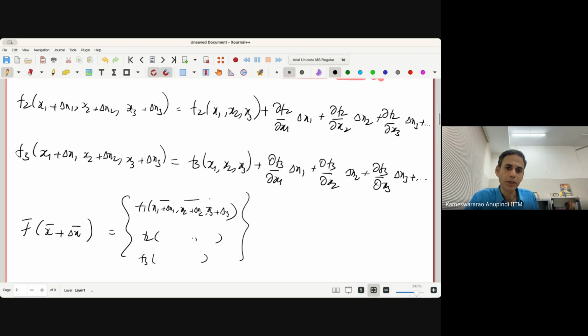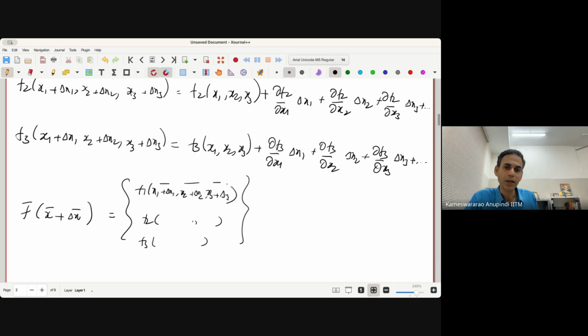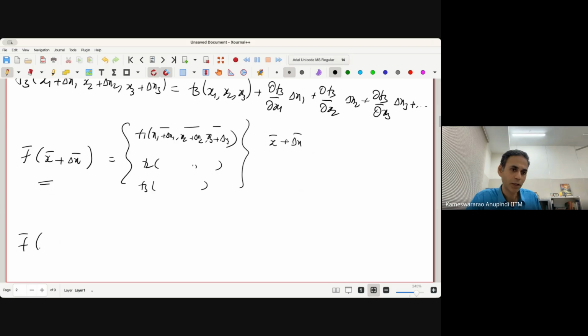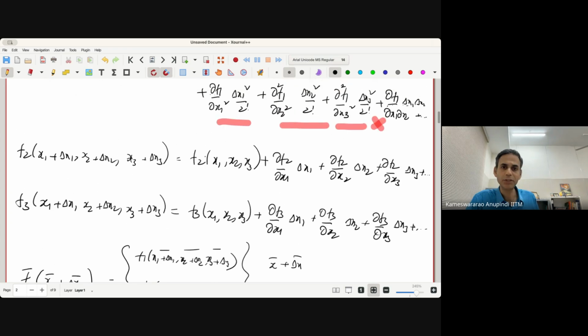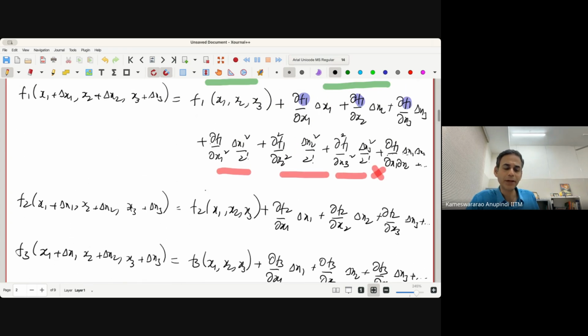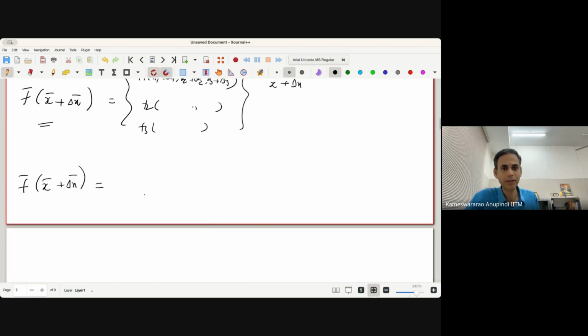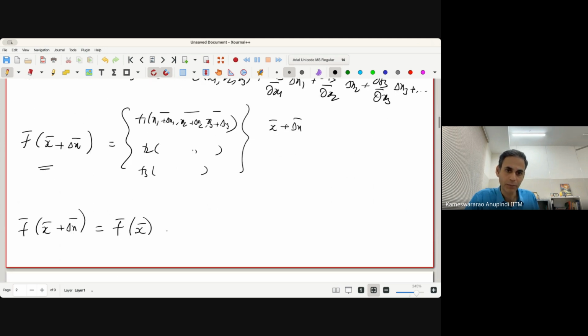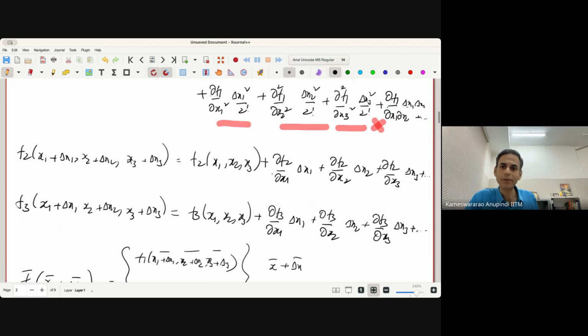Similarly, I have also written these as x bar plus delta x bar, meaning x1 plus delta x1, x2 plus delta x2, and x3 plus delta x3. So on the left hand side, I have now condensed it to f bar of x bar plus delta x bar. On the right hand side, the first term is f1, f2, f3, so this is going to be f bar of x bar, evaluated at x1, x2, x3, plus the remaining terms.